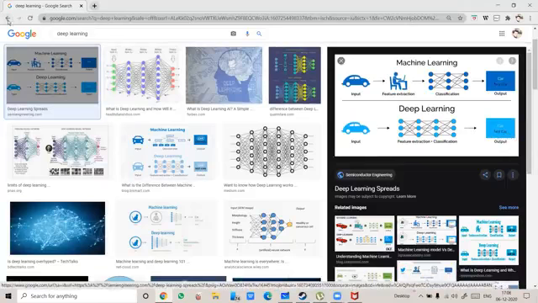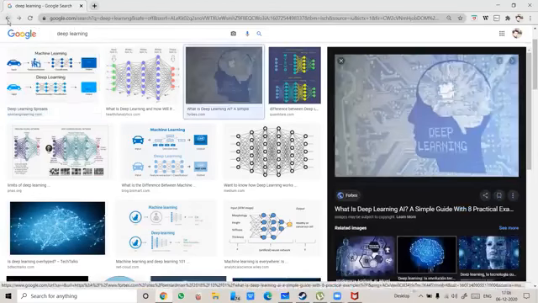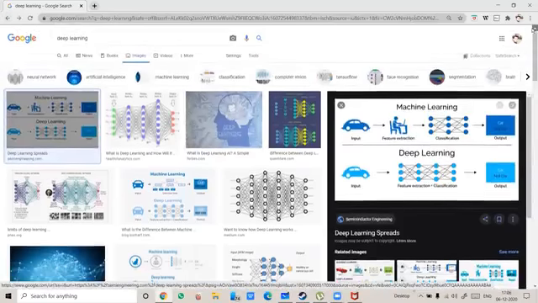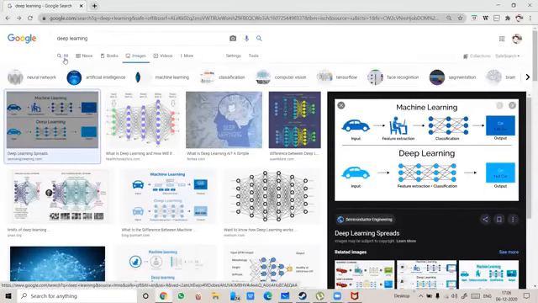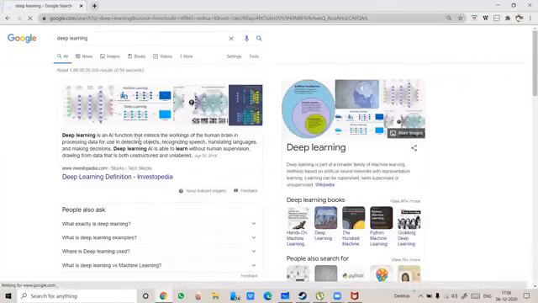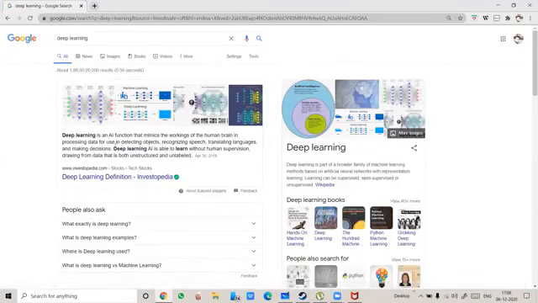Deep learning is an artificial intelligence function that mimics the working of the human brain in processing data for use in detecting objects, recognizing speech, translating languages, and making decisions. So deep learning is able to learn without human supervision.